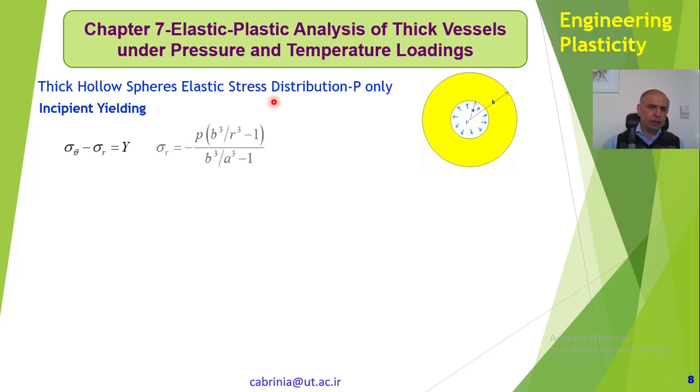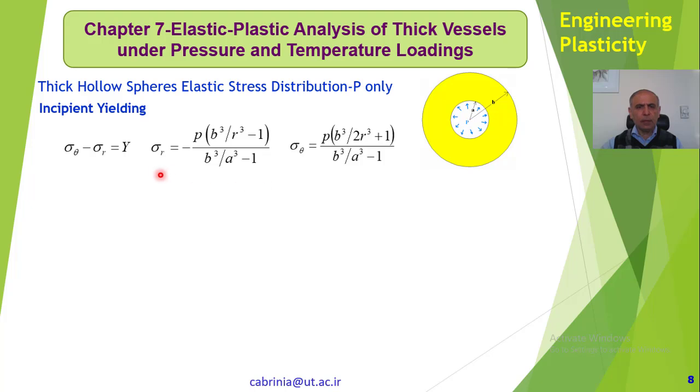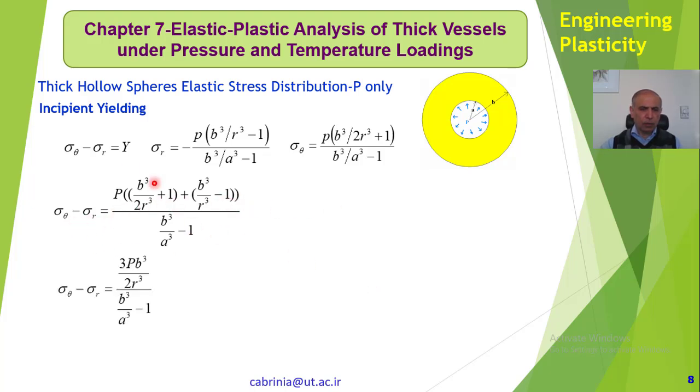And I can write down this stress distribution that I obtained before and put this in here. Sigma theta minus sigma r is equal to that. We can simplify these equations like that.